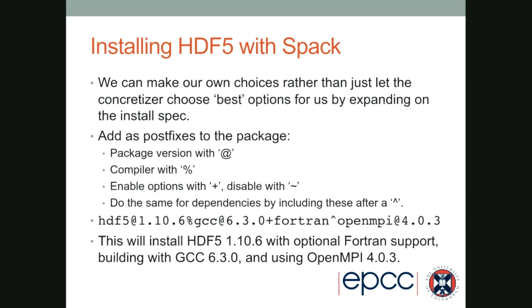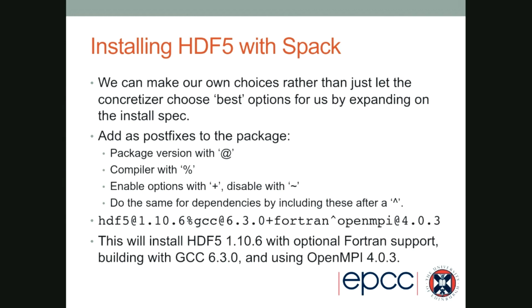To go ahead with extra options rather than just the best ones that the concretizer would pick for us, you add these as postfixes to the package spec. You can choose any package version by appending an @ symbol afterwards. You can pick the compiler to be used with a % sign. Any options, you can override defaults by enabling them with a + sign or disabling them with a tilde.